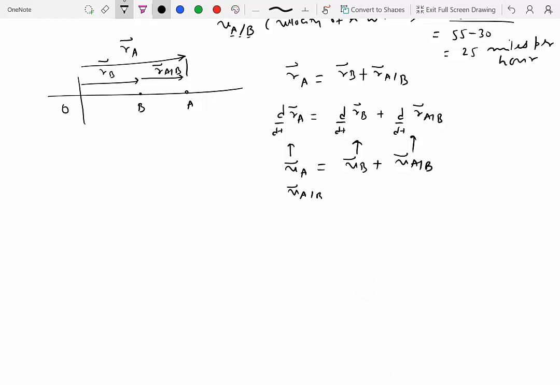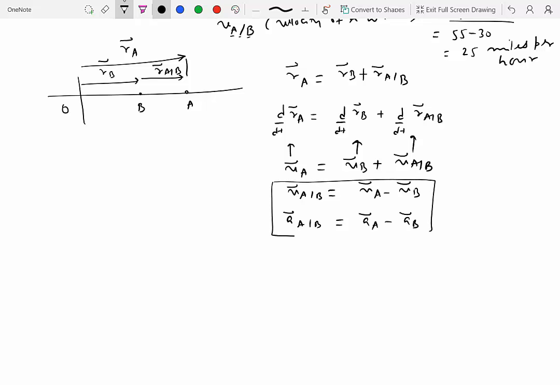Velocity of A with respect to B is equal to velocity of A minus velocity of B, which is what we used before. If you differentiate it once more, you will get the relative acceleration between the two particles, and that would be given by this.